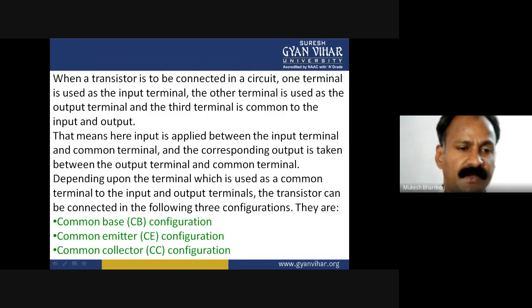So one by one, we are going to analyze these three types of configuration and learn what specific characteristics are obtained in the output after such configuration of the BJT.